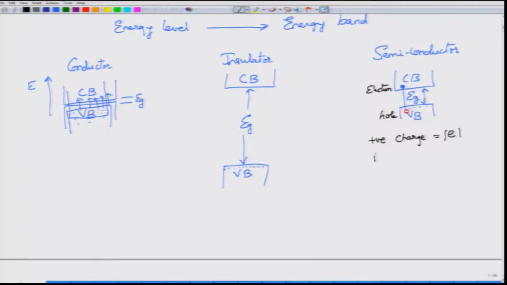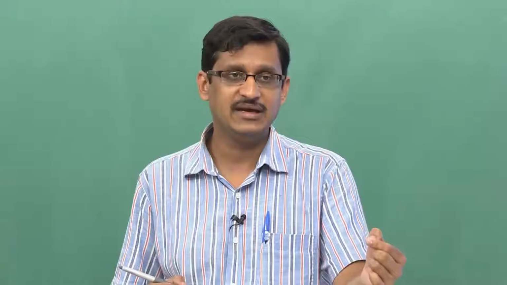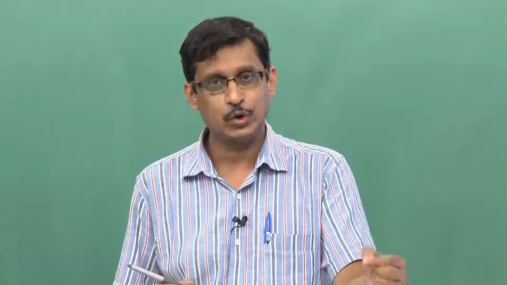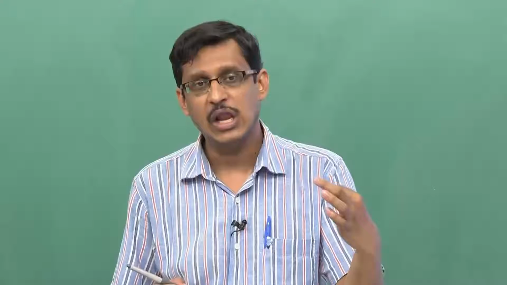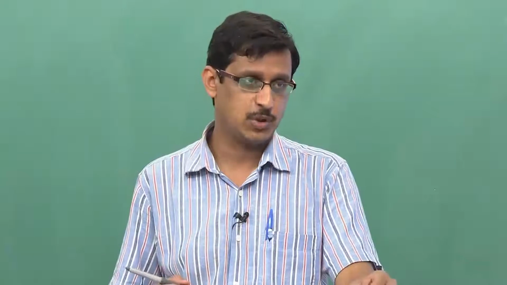It is slightly heavy compared to the electron. It has a low mobility compared to the electron, which means it moves slowly compared to the electrons, and remember, this was the one which was limiting our response time in a photodetector, because in a photodetector the hole response time was considerably longer than the electron response time.